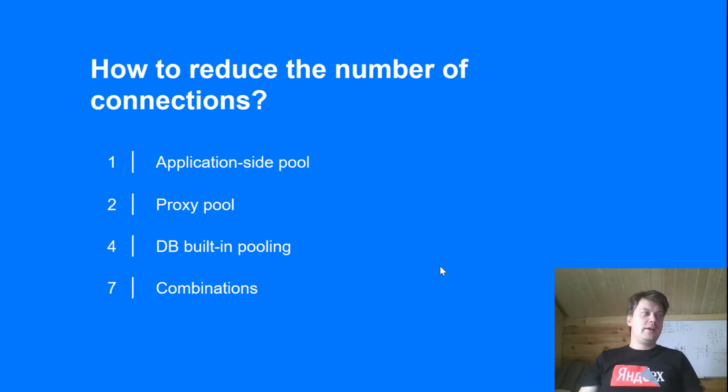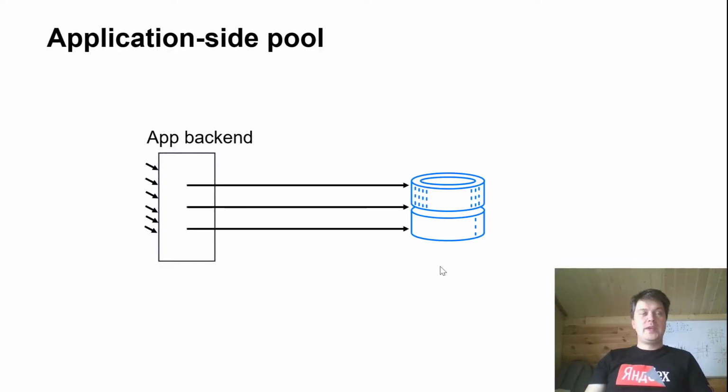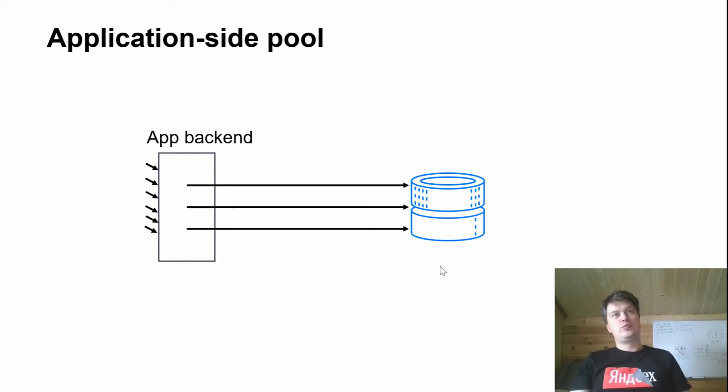And finally, at some point, we will have a built-in connection pooler. Now you can see Postgres hackers have done a lot of work on a built-in connection pooler, but it's not quite there yet.